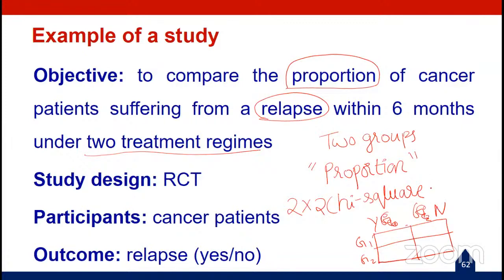So it is a chi-square test for a 2 by 2 table, and our outcome is a dichotomous outcome, yes or no type.